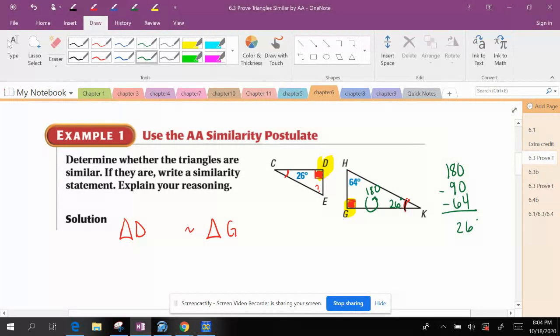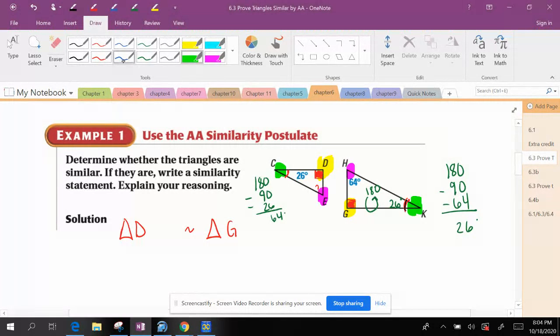I could have done it for the smaller triangle and subtracted 180 minus 90 minus 26, and I would have been left with 64. Whoa, dyslexia kicking in a lot. There we go. So that means angle E and angle H are the same measure, and angle C and angle K are the same measure.